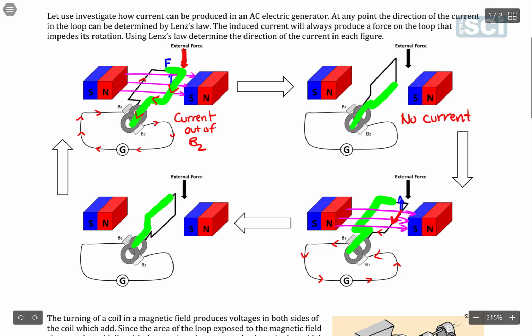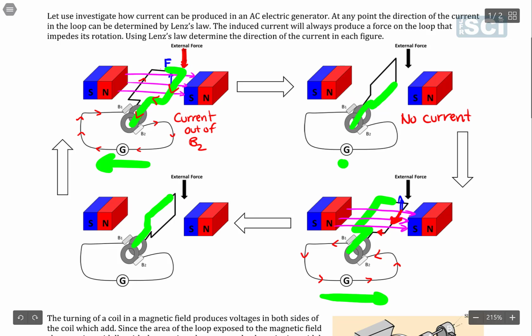So my thumb is pointing in this direction, which means that the current is running out of, in this case, brush 1, and it's coming to the counterclockwise rotation. So I notice here that my current is running this way initially. It's 0, and then it's running this way.